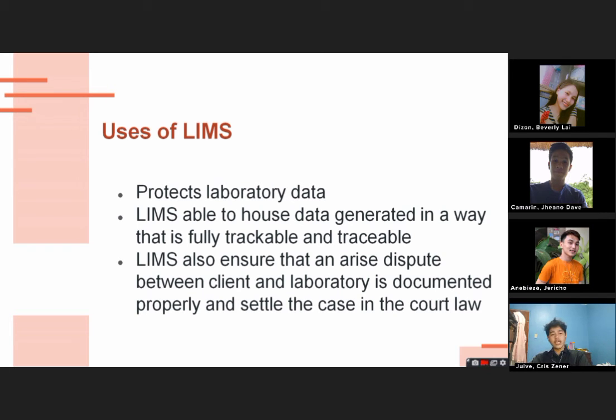Also, LIMS is able to house data generated in a way that is fully trackable and traceable. LIMS can store data in a detailed and accurate way, while it can be traced or tracked easily. Let's say, for example, have you watched the movie Wild Robot, or Robots Gone Wrong?